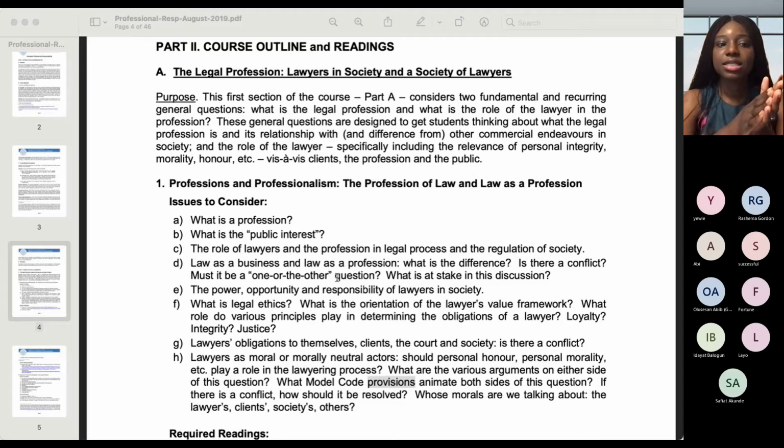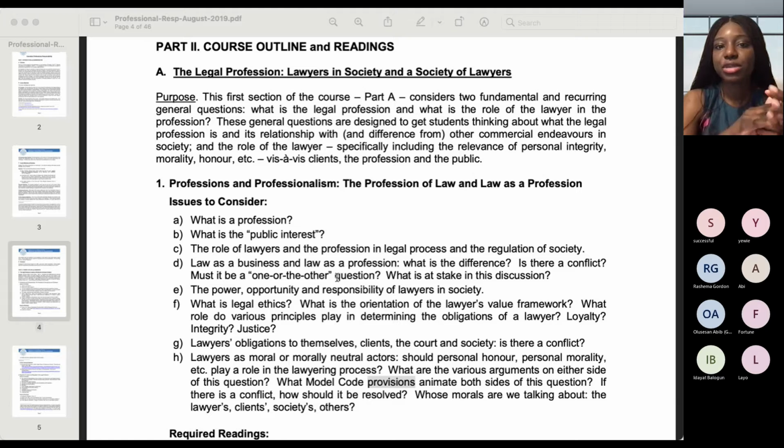Now, the professions, for example law, medicine, and a few other careers, are seen as self-regulating careers. So basically, for you to be in a profession, one of the things that is important is the fact that they're self-regulating.